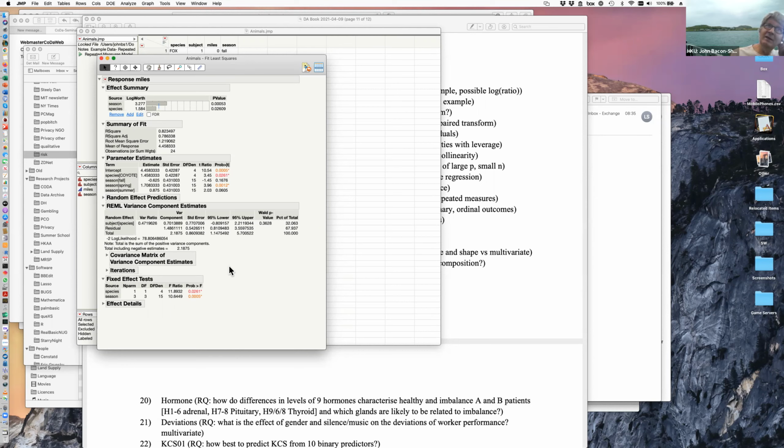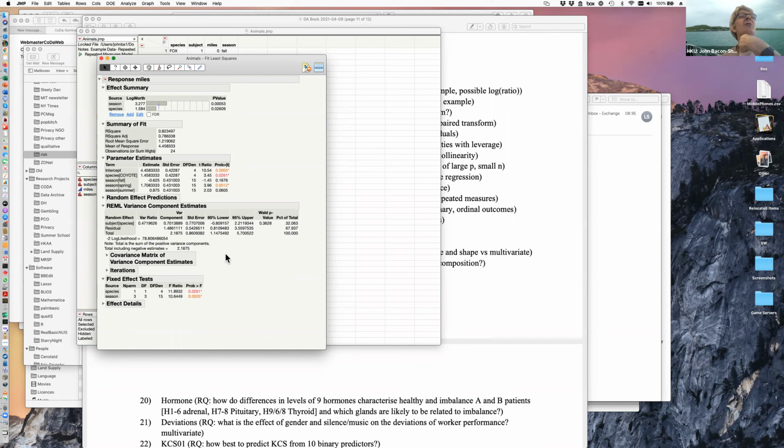The subject effect is showing as a variance component. So it's saying of the variability in our data, how much is due to the subject, how much is due to the residual. So residual meaning the individual measurements on that subject. So it's saying about 1/3 of the variability is due to the subject effects, and about 2/3 is due to the measurement effects. So it needs to take account of this when it does the F-test.